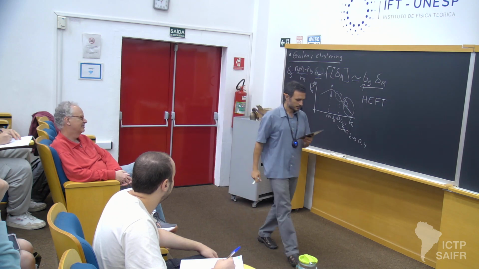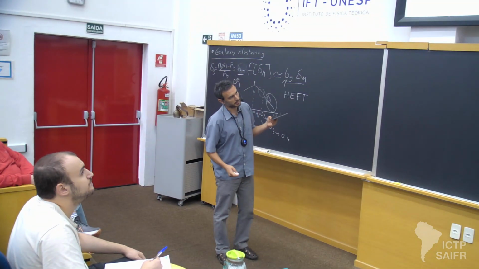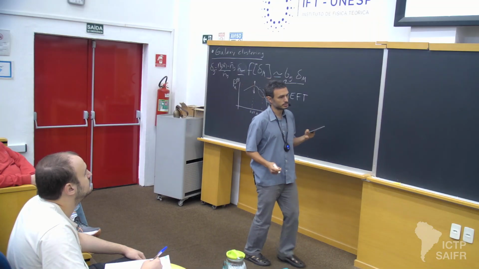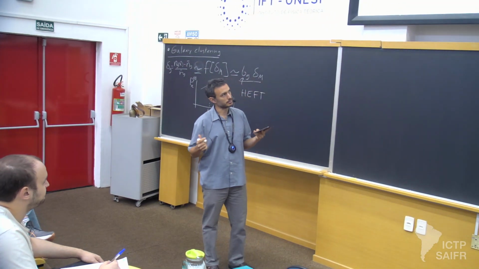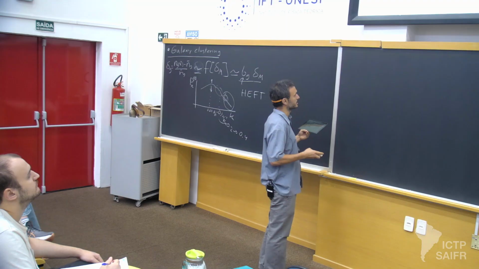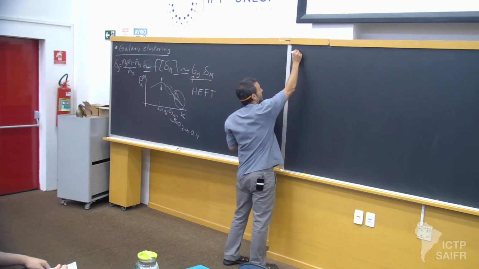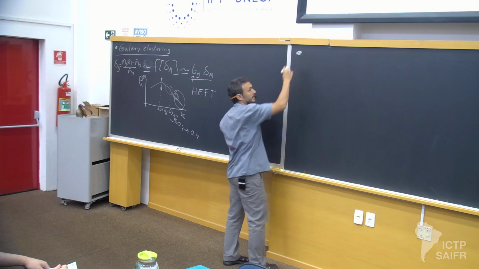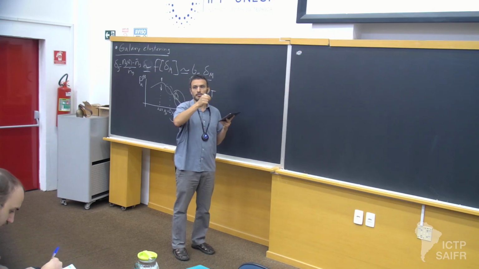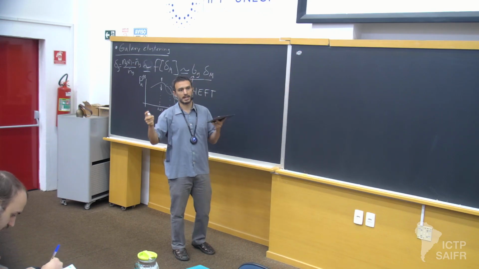Right. So let's talk about what are the main observables that we can get from galaxy clustering. There's two ways of trying to extract cosmology from galaxy clustering, and it depends on what kind of data you have. If you have spectroscopic data, meaning that you know the redshift of each galaxy, then you can do a 3D analysis of these galaxies.